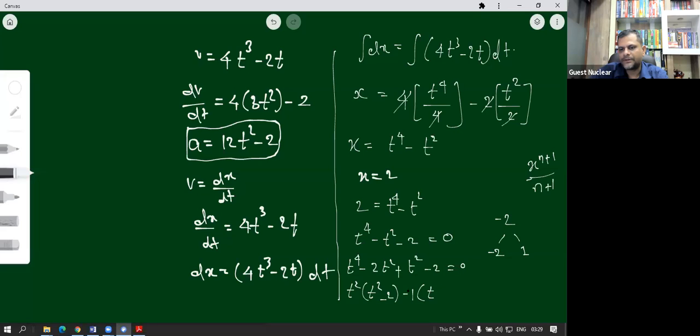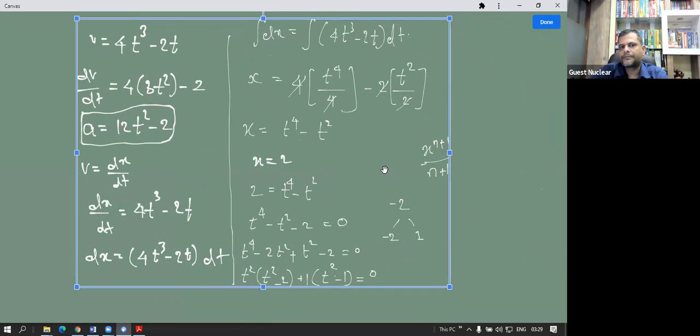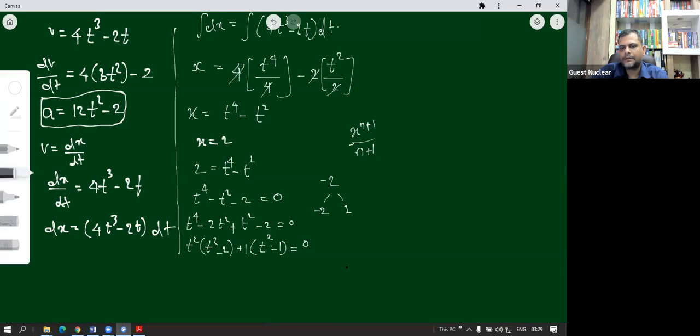So plus 1 here, and t² − 2 will be left inside the bracket, and that is equal to 0. This can be simplified: in one bracket we get t² + 1 and in the other bracket t² − 2, and that is equal to 0.